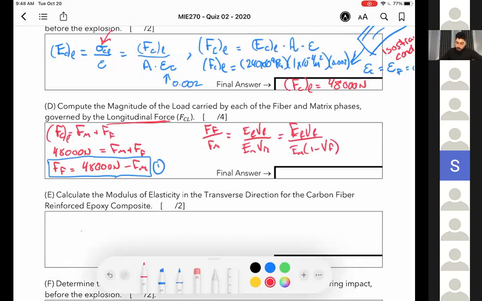Okay, so if we simplify this, I'm running out of room here. We'll get FCL is equal to Ff plus a constant times Fm.